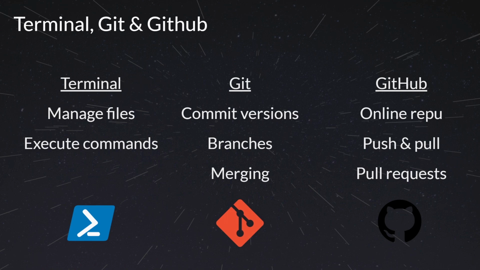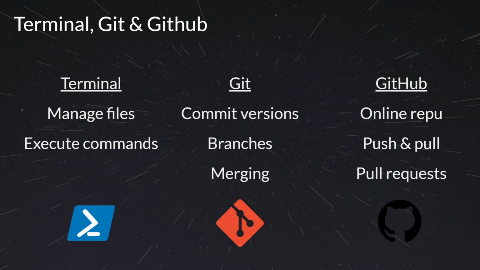We have different terminals on different operating systems. On Windows, the default terminal is PowerShell. I think on Mac it's called iTerm. I might be wrong about that, I don't use Mac. And I think on Linux it's just called Terminal. I might also be wrong about that, I don't use Linux. But all of your computers have a terminal. You might want to check out some of the guides in the description below to see what you need.